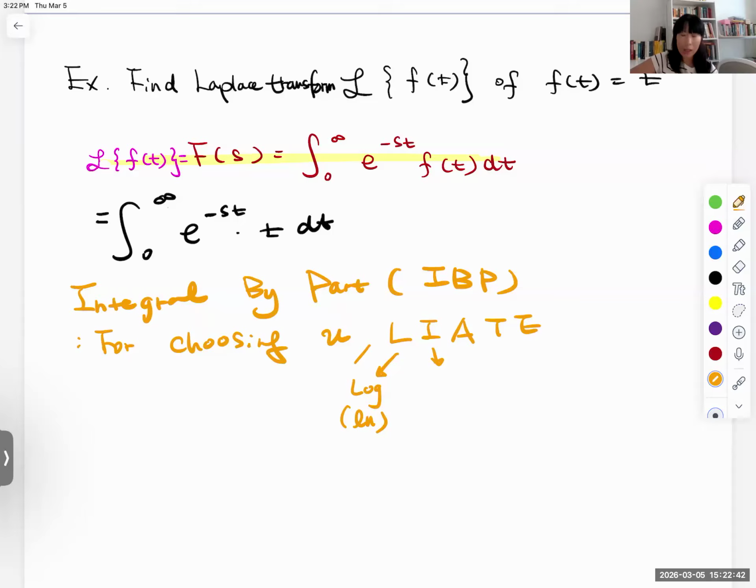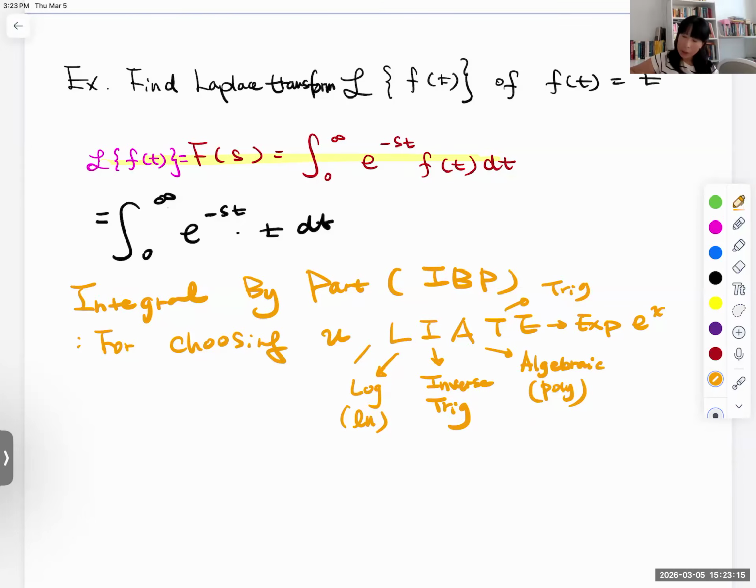Then I is inverse trig functions, then A is algebraic functions like polynomials, then T is trig functions, not tangent, and E is exponential, like e to the x power.